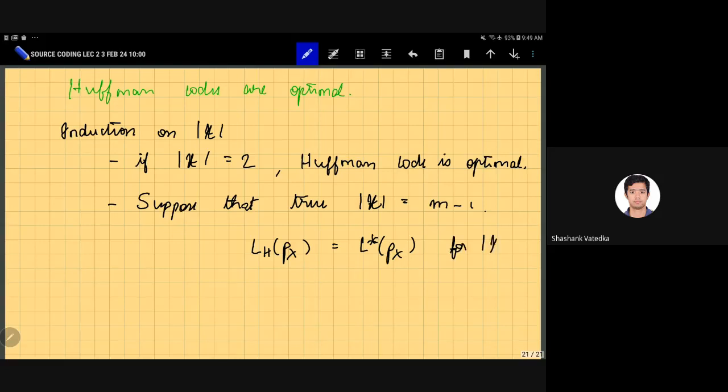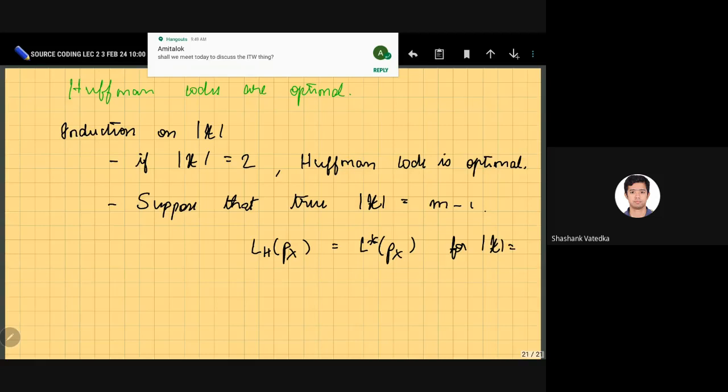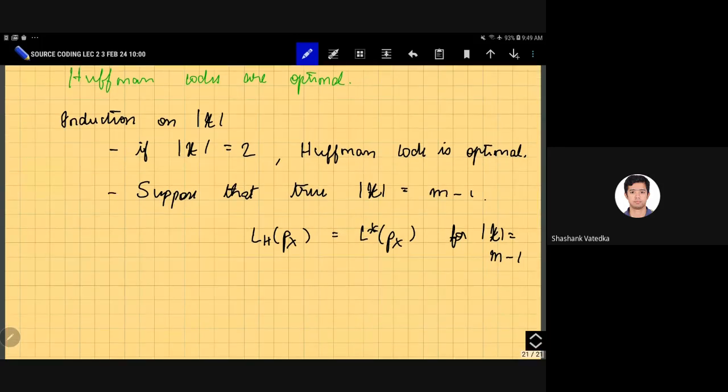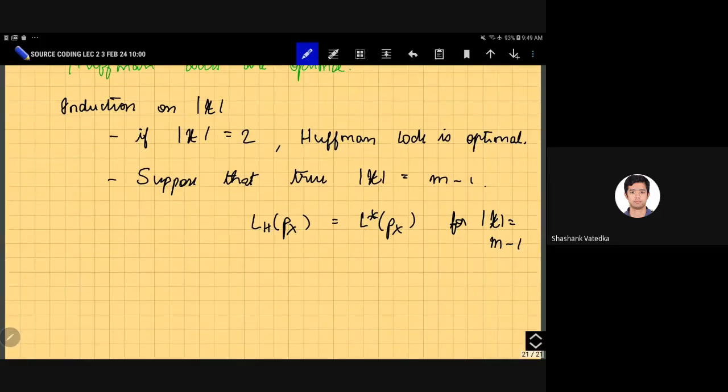Certainly it's true for m minus 1 equal to 2, right? So we'll prove this for general m. Now let's try to prove the induction step.